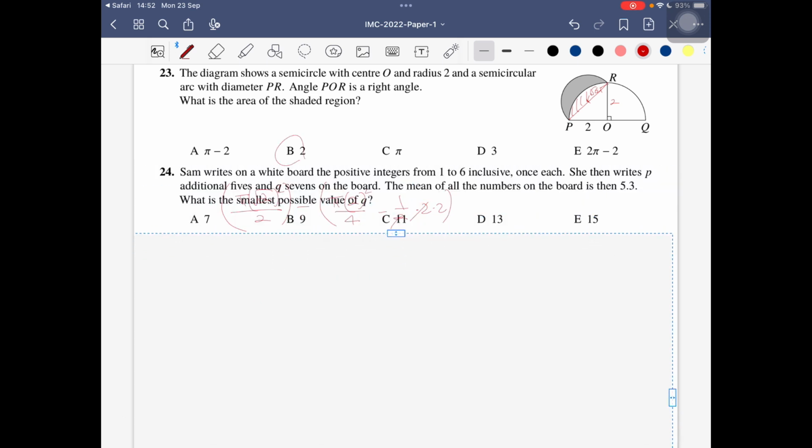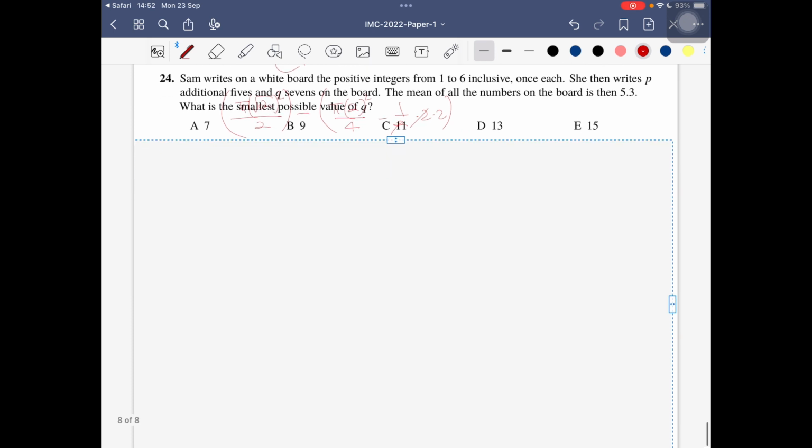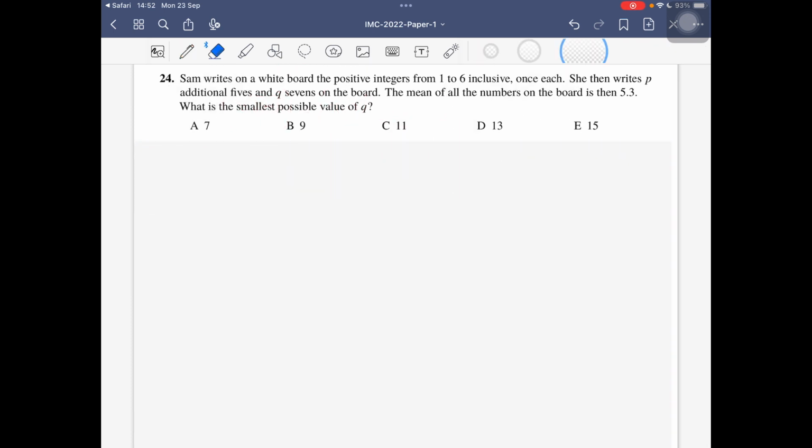And the next one. Sam writes on the whiteboard positive integers 1 to 6 inclusive, once each. Then she adds P additional 5s and Q 7s on the board. The mean of all the numbers on the board is 5.3. What is the smallest possible value of Q?